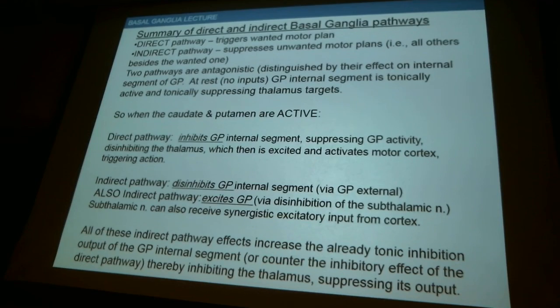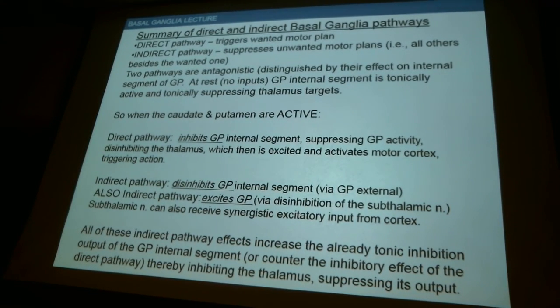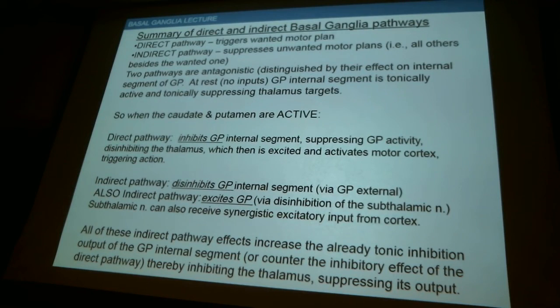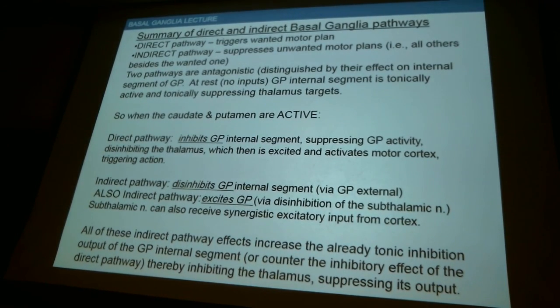In that sense, the two paths are antagonistic. As we said, it's not really that you're getting a negative signal and a positive signal and everything's canceling out, which doesn't make any sense. What's happening is that you have this antagonism where you have to make a selection. Different factors can bias what selection you make. You have that cortical input, which affects which part of the caudate putamen is being activated. And then you have this dopaminergic signal that can also bias.